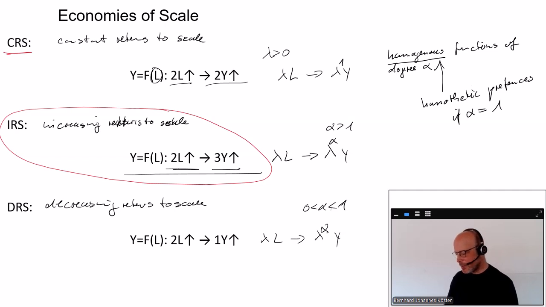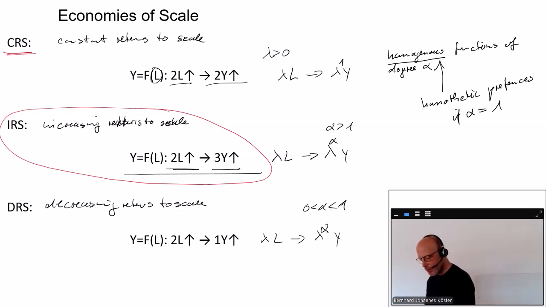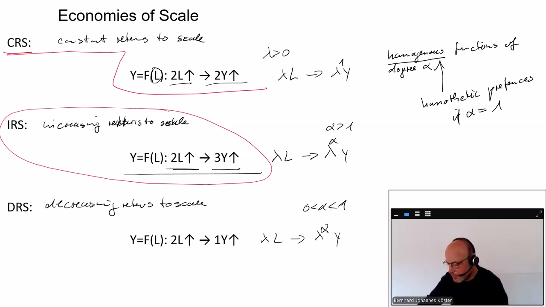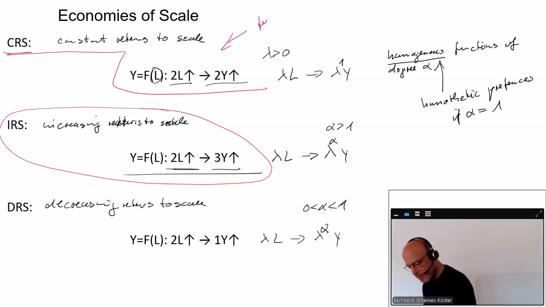But maybe you remember, or hopefully you remember, why did we make the assumption of constant returns to scale? Why are we using very, very often this assumption? Yes, great. So fully competitive markets.